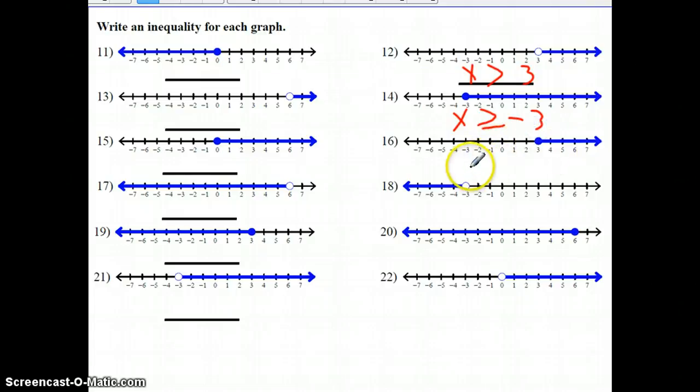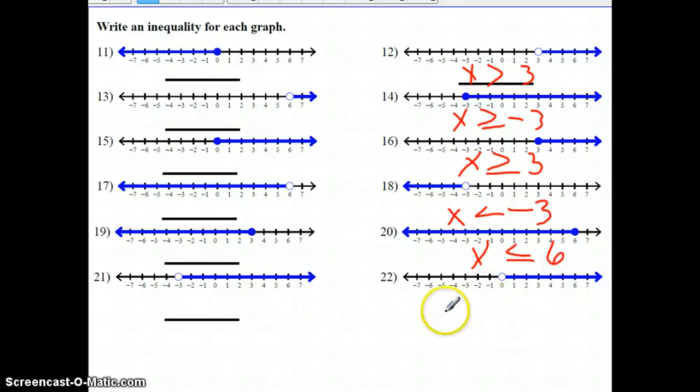Here we have another closed circle, so x is greater than or equal to 3. Here we have an open circle, so x is less than -3, anything less than -3. Here we have a closed circle, so x is less than or equal to 6. And finally, we see that x is greater than 0.